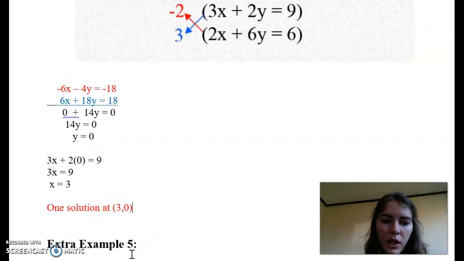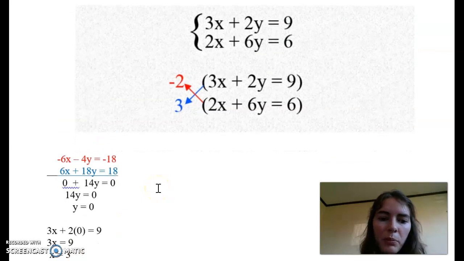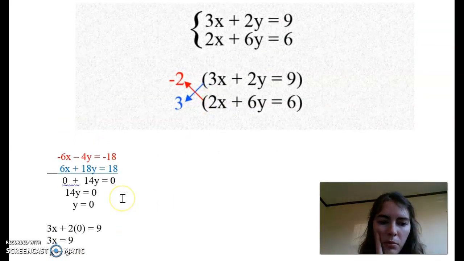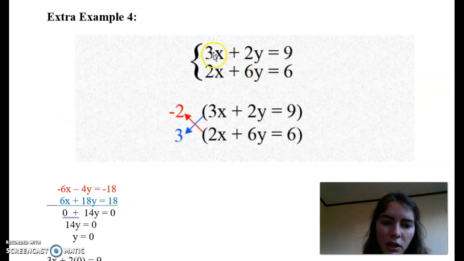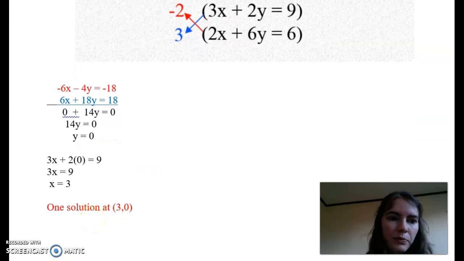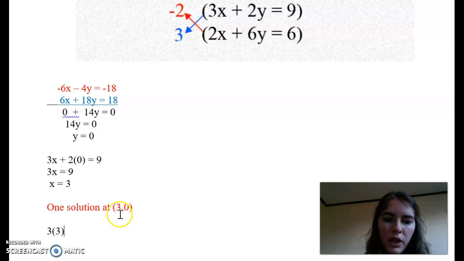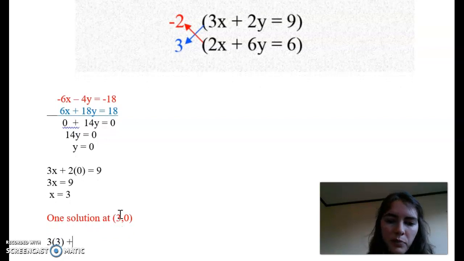Okay. Then we go ahead and we're going to check them. So put that back in, put the 3 and the 0 in. So I'm just going to check it right here. 3 times 3, which we already kind of did, but 3 times 3 plus 2 times 0 equals 9, and then we know 9 equals 9.